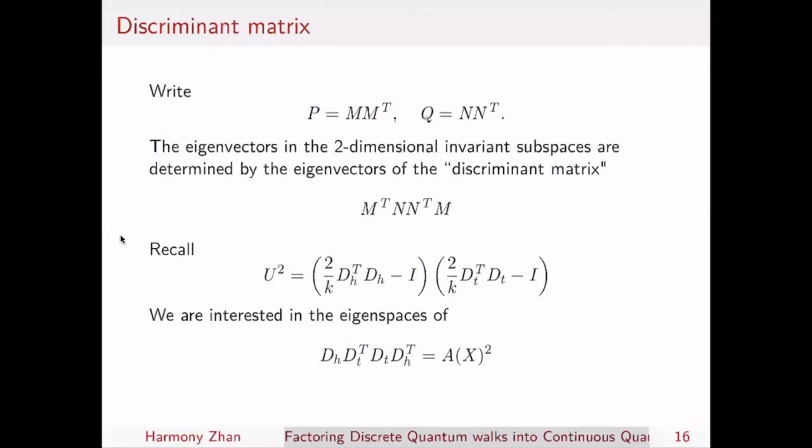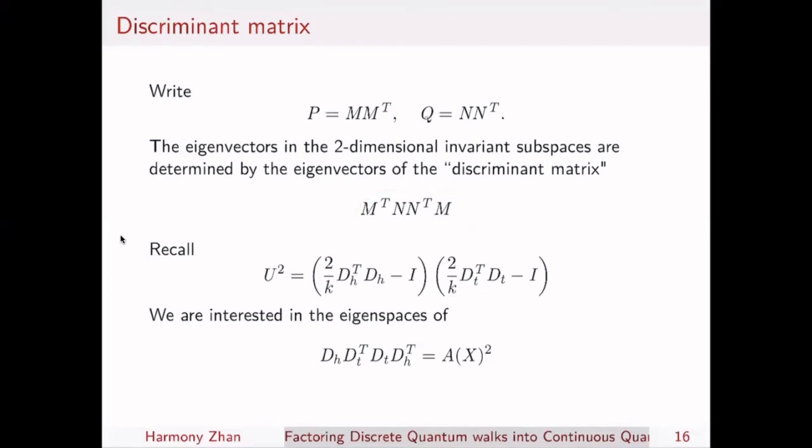So let me be a bit more specific. Because P and Q are projections, they are positive semi-definite, so I can write them in this outer product form, where M and N have orthonormal columns. Now, the trick is to look at this product instead.